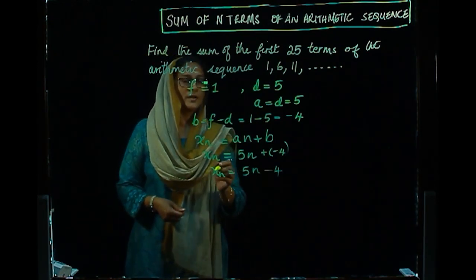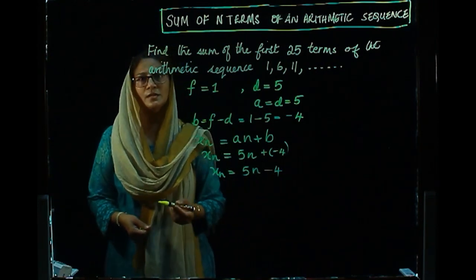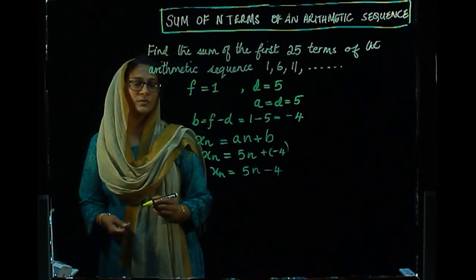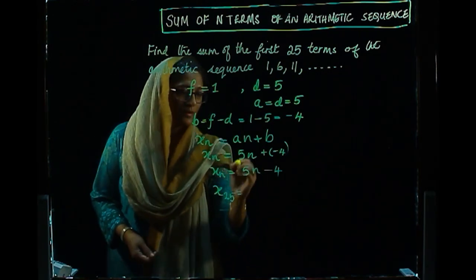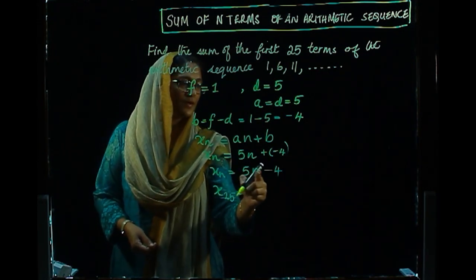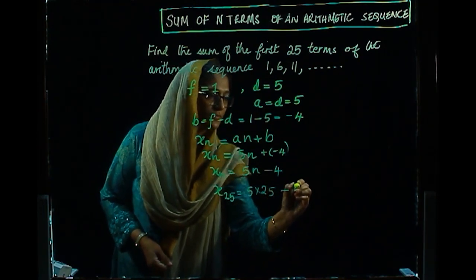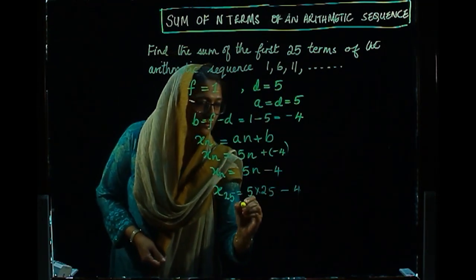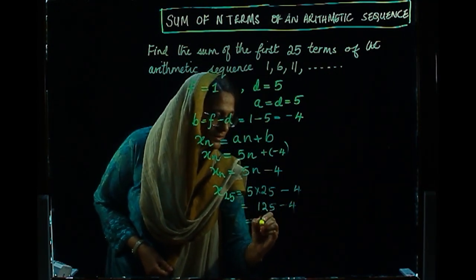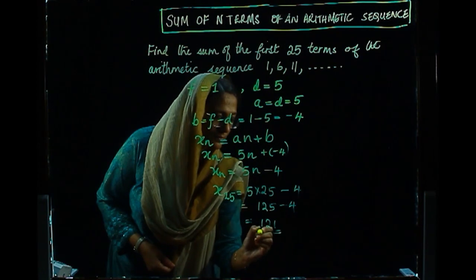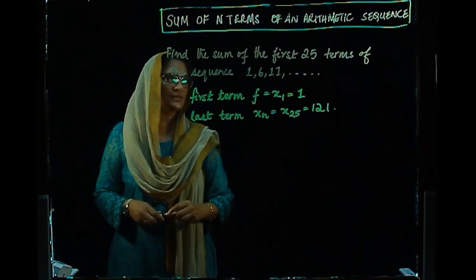Let us try to find the 25th term of the sequence. We know by using this idea, we can find any term of the sequence. Let's see what is the 25th term. I have put n is equal to 25 and 5n minus 4 will become 5 multiplied by 25 minus 4, which is equal to 125 minus 4, that is 121. We have just calculated the 25th term as 121.